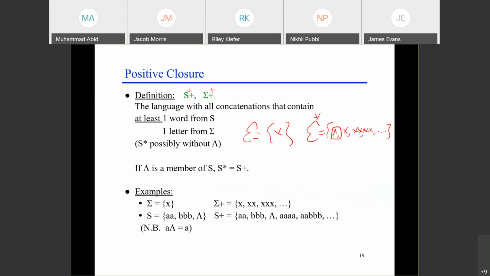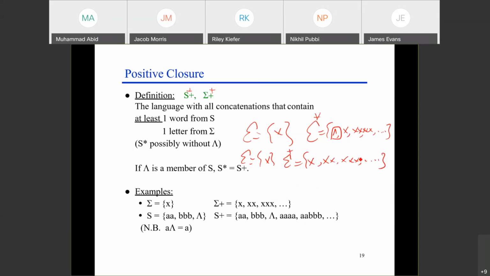You can write lambda there. If it is not there, please don't write it. Now, if summation is equal to x, and I find the summation plus of this, there will be no lambda here. Just all possible combinations of x with itself.